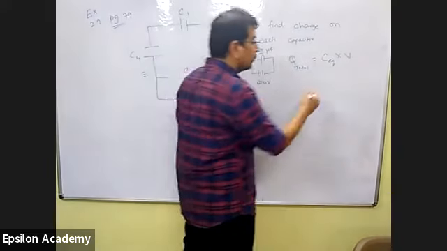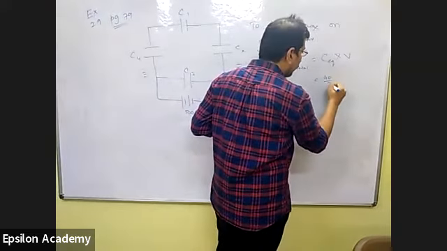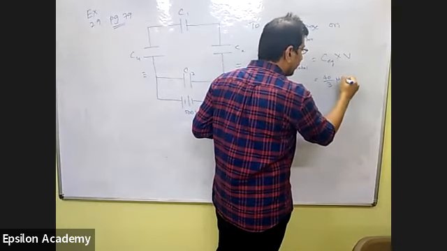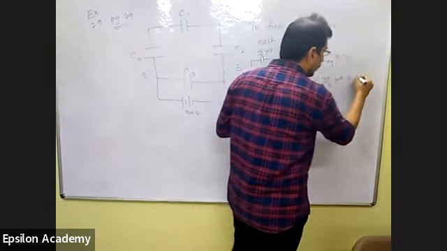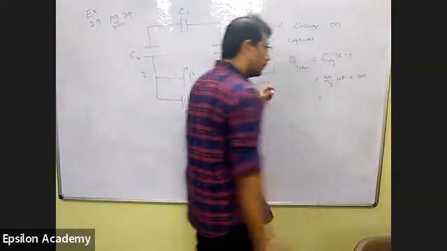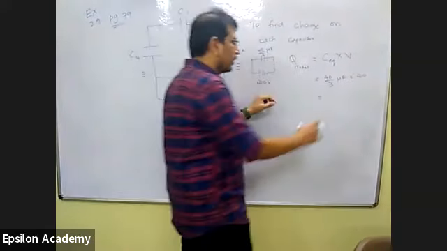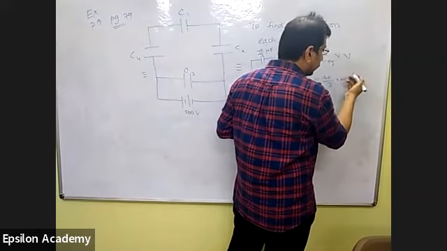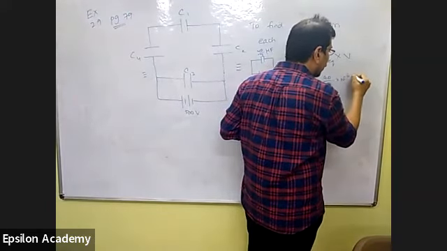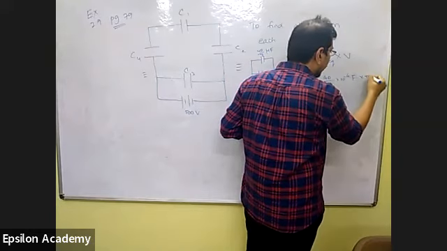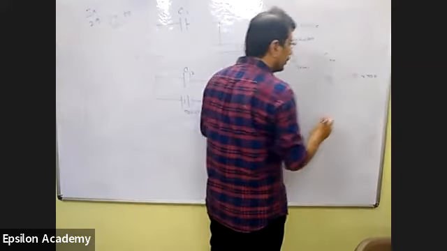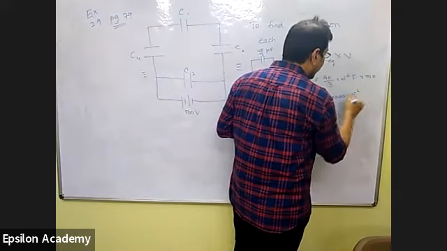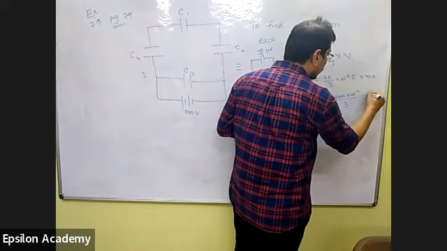So what is the value of C equivalent? 40 by 3 microfarad into 500. Microfarad I convert to 10 power minus 6 farad, because coulomb you write in millicoulomb, into 500. How much will you get? 20,000 into 10 power minus 6 divided by 3 coulomb, right?